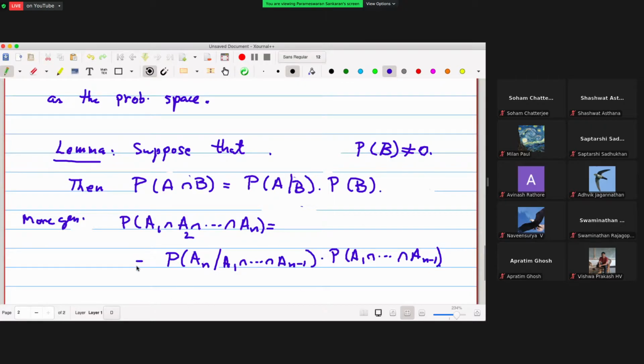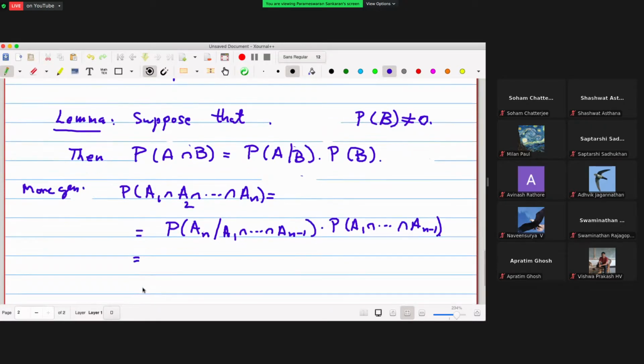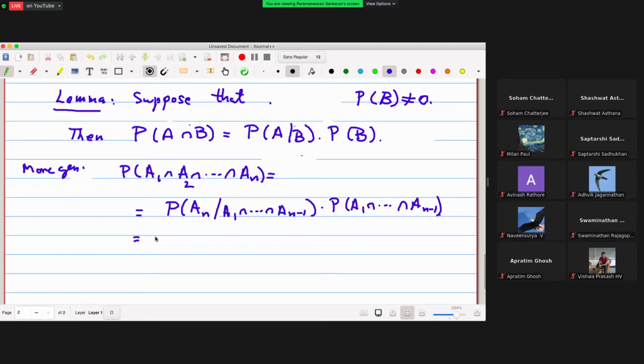And you can now repeat this. So ultimately you will get the probability of A1 given A2 times the probability of A2. I'm just trying to run the proof in reverse before writing it correctly.